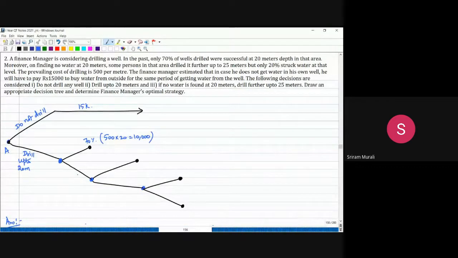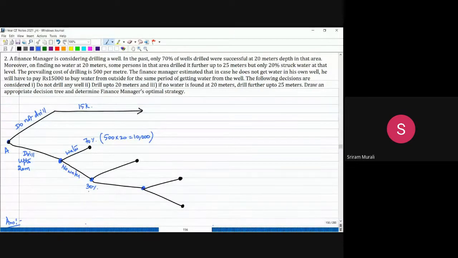If I don't get water, 30% I don't get water. Am I right? 70 in 100, 70% I will get water, whereas in this case there is no water, that is 30%.